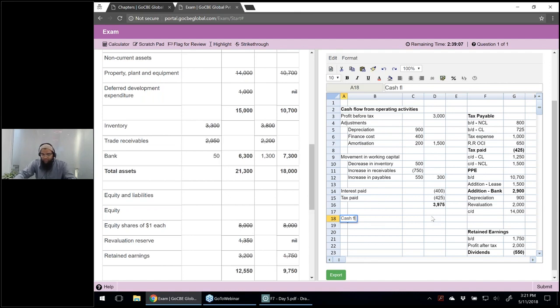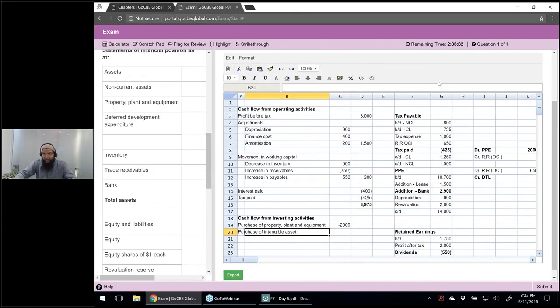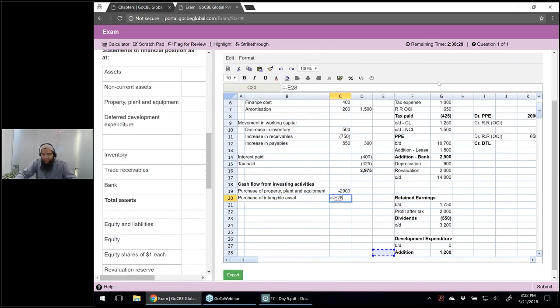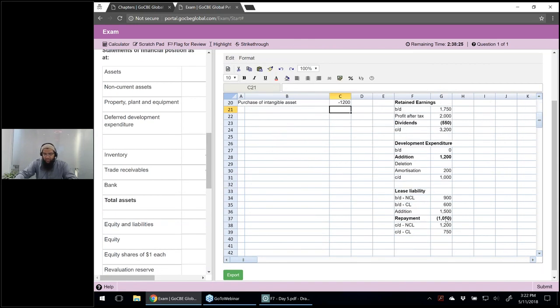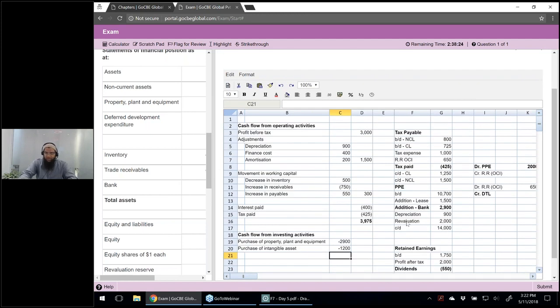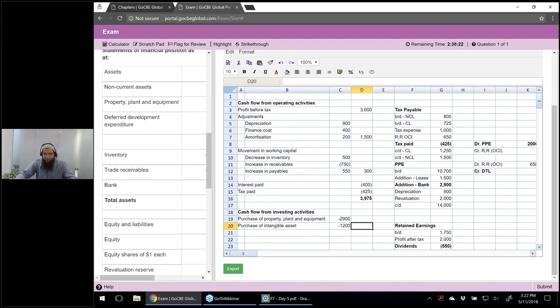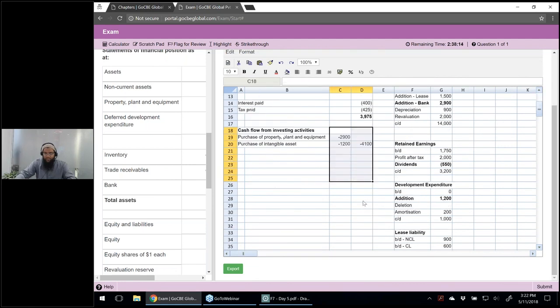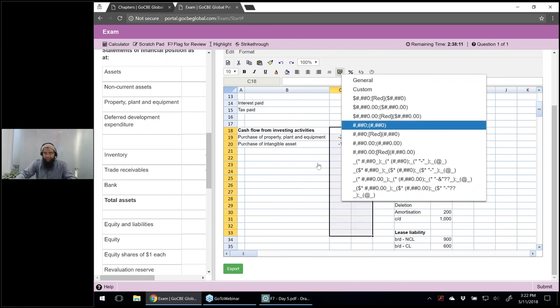The purchase of property, plant, and equipment was negative 2900, and we have the purchase of intangible asset, which is going to be negative 1200. Anything else left? So the total is going to be negative 4100. Let's apply the formatting as well.